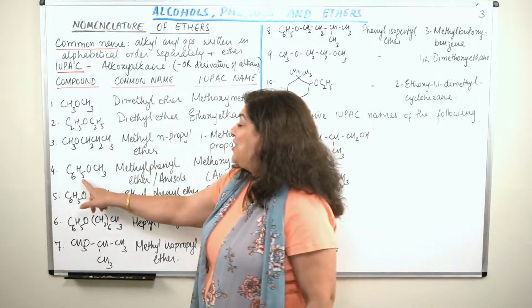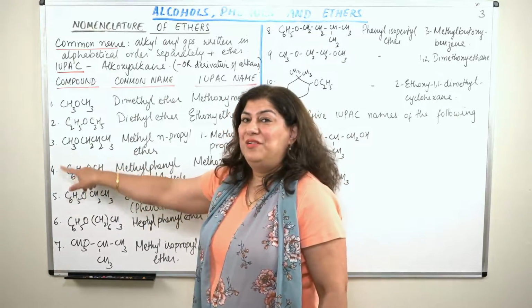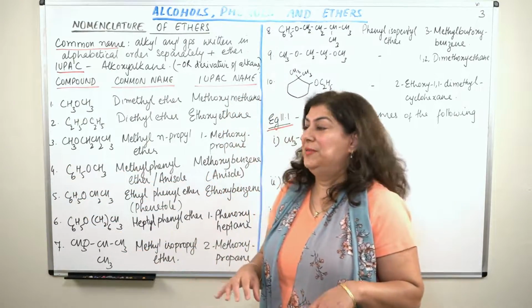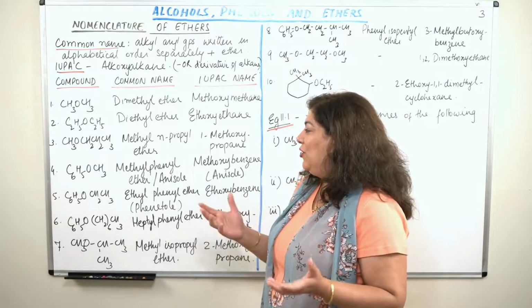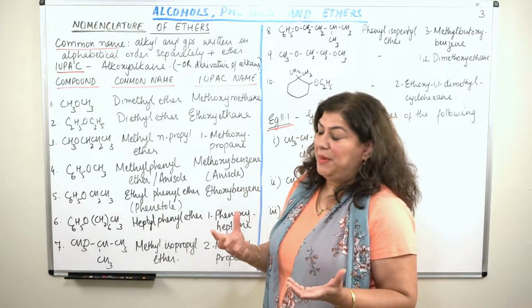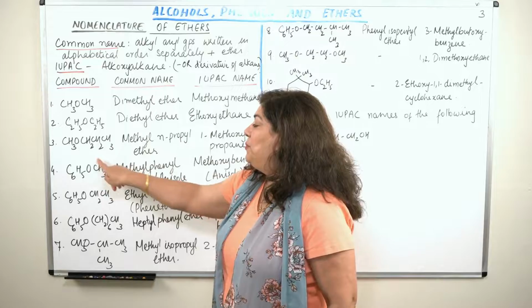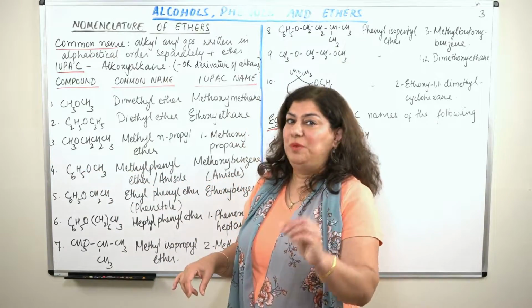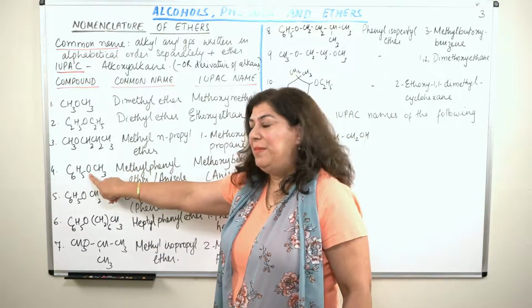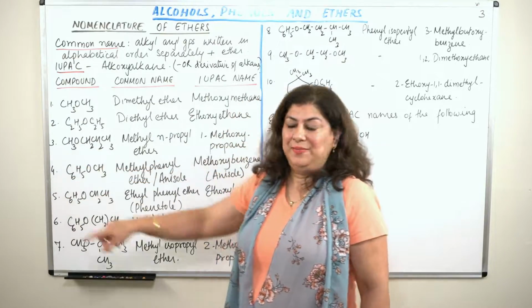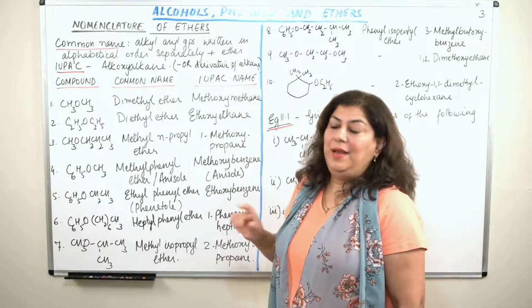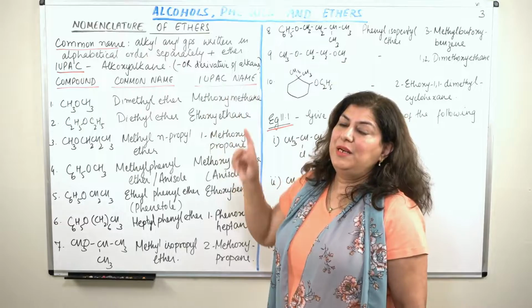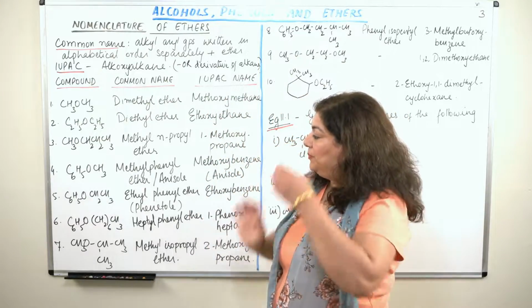So C6H5, this becomes the phenyl group or the benzene. That becomes the parent hydrocarbon, and this part becomes the substituent, which is methoxy. So how would you name it? This is methoxybenzene. And anisole is the name that has been adopted by IUPAC also.